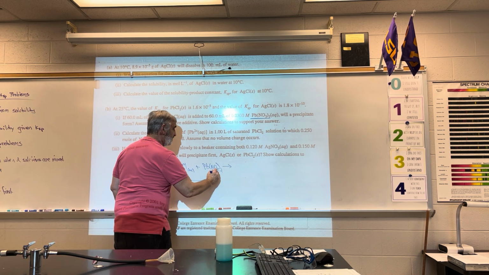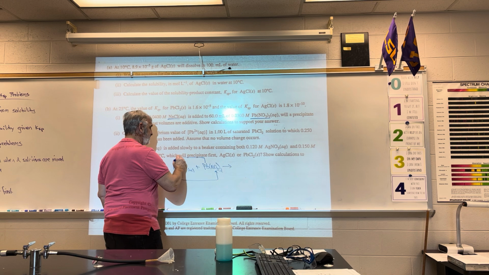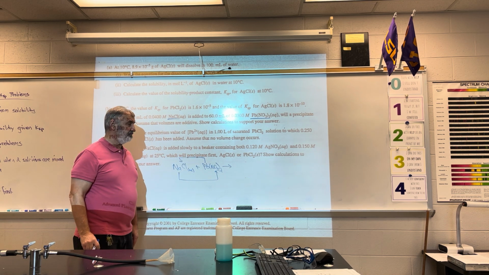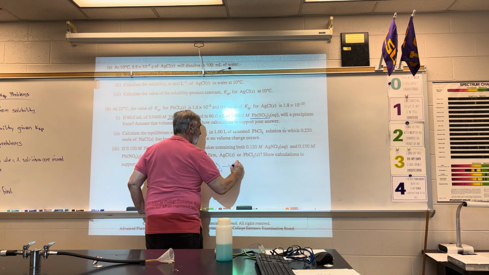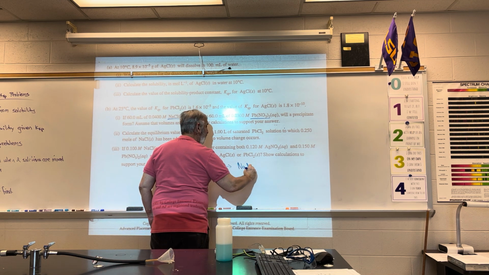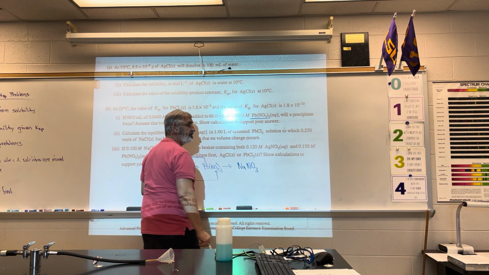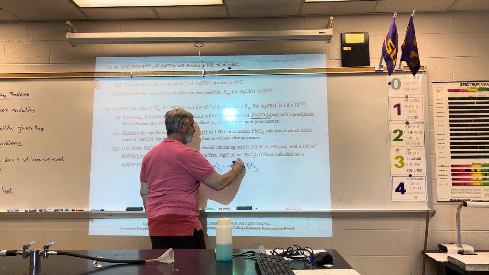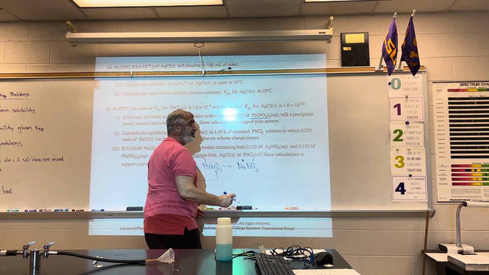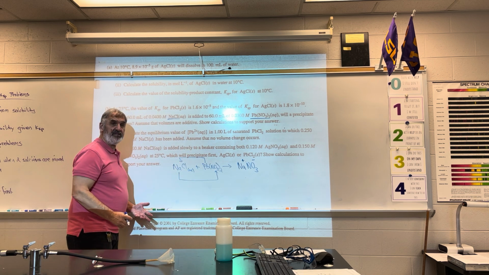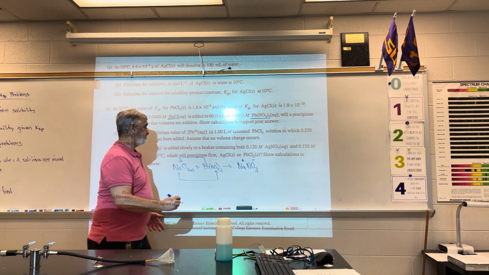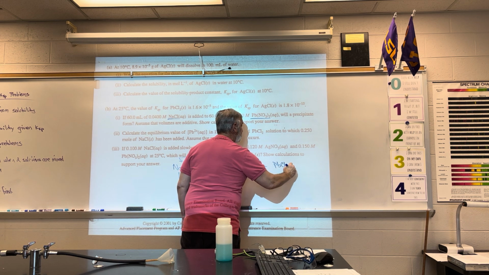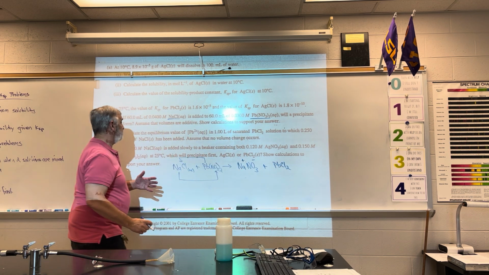The positive of the first goes with the negative of the second, and the positive of the second goes with the negative of the first. So what are we going to get? NaNO3. Again, we always balance the charge. What's the charge on sodium? +1. What's the charge on nitrate? So it's just going to be NaNO3 plus PbCl2.